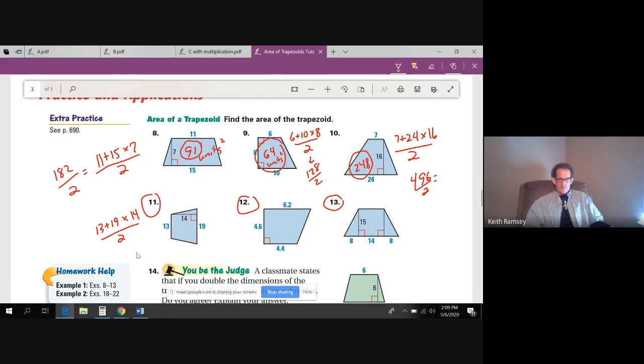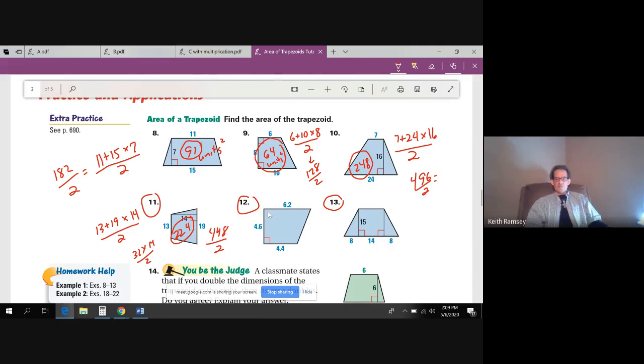So I'm going to have 32 times 14 divided by 2. So let's figure out what that is. 32 times 14, I got 448 divided by 2. And that's going to equal 224. So if you got 224 for number 11, you're on the right track.